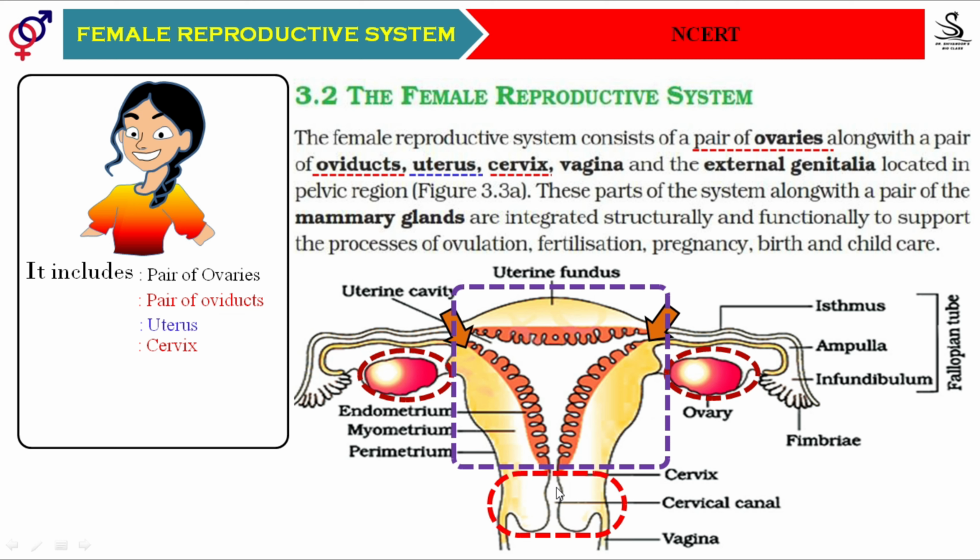The cervical canal has two openings: one is the external opening and the other is the internal opening. The external opening opens into the vagina. The internal opening of the cervical canal opens into the uterus. Those openings are called orifices: this is the external orifice, and this is the internal orifice.